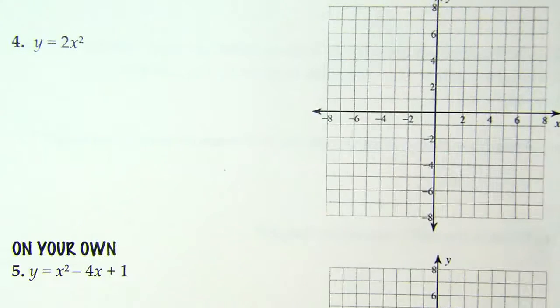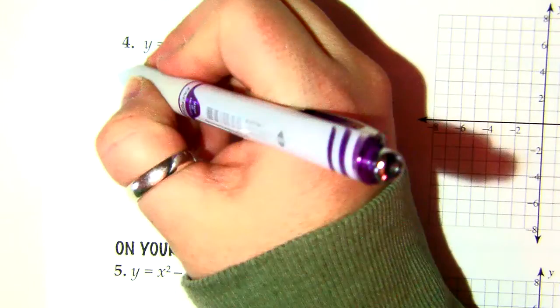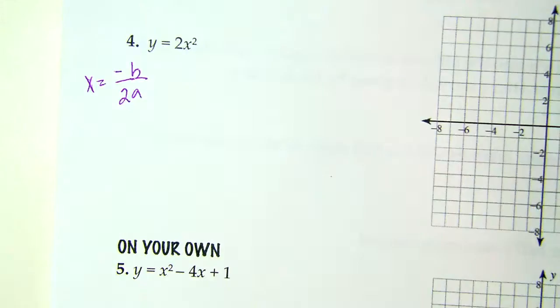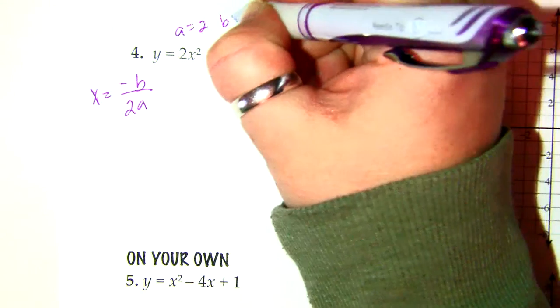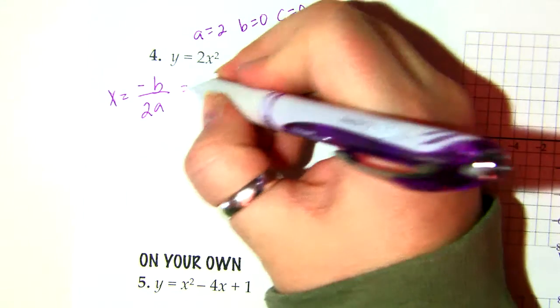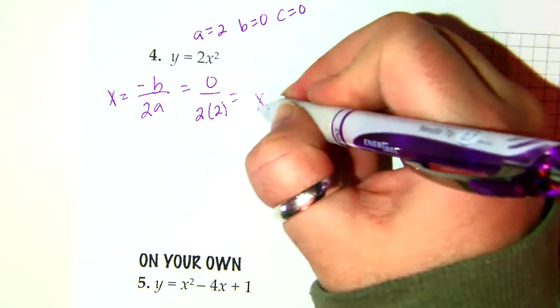Oh, we have one more actually. Okay, AOS formula first. So negative b over 2a. a is the only number we have here, which means b and c are both 0. So negative b is 0 over 2 times 2, so x equals 0.